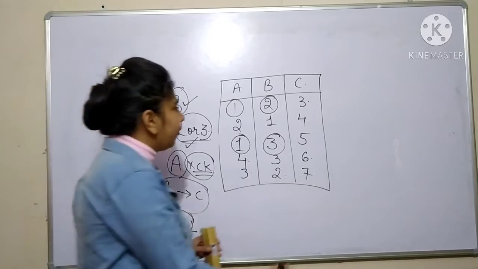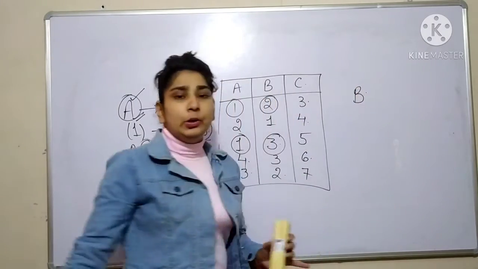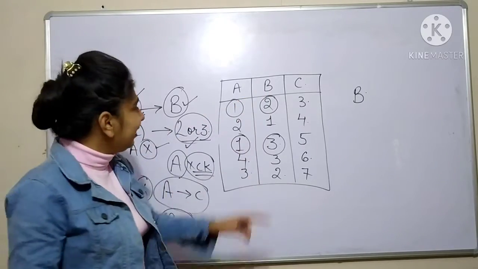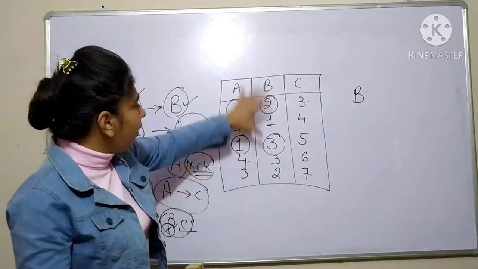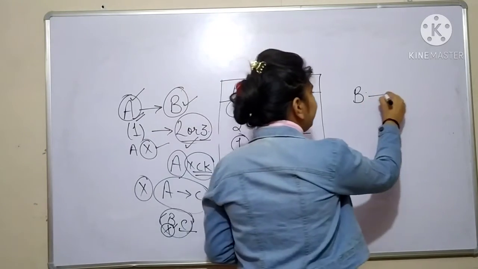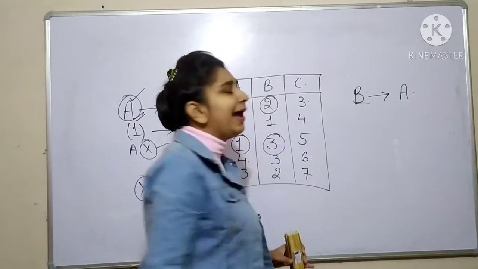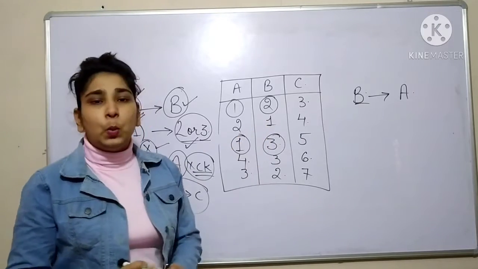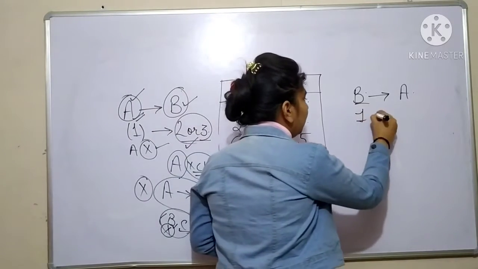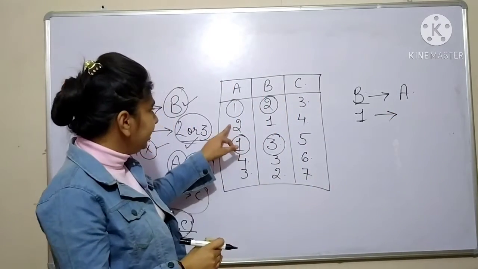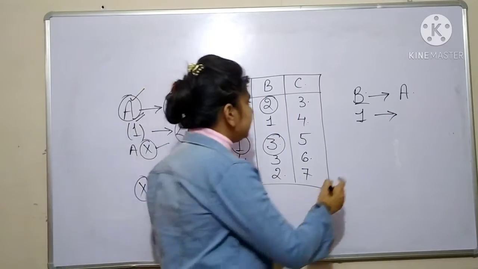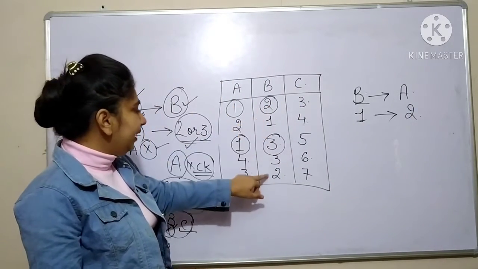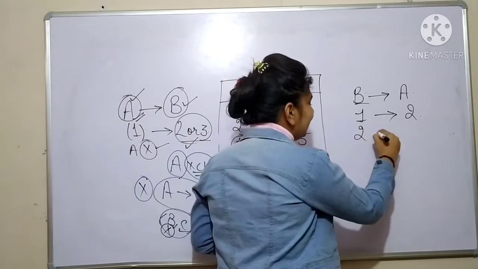Now check for B to A. Let me check if B can be the candidate key of this table. Try to determine attribute A with the help of attribute B. If you are given the value of B as 1, what is the value of A you are getting? We are getting A as 2. If you are given the value of B as 2, what is the value of A?